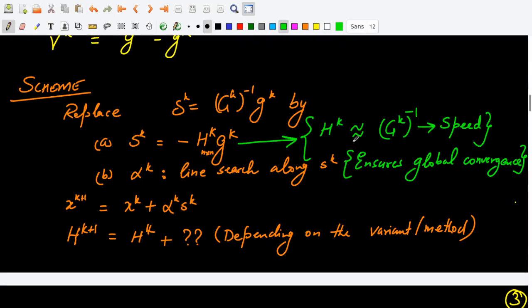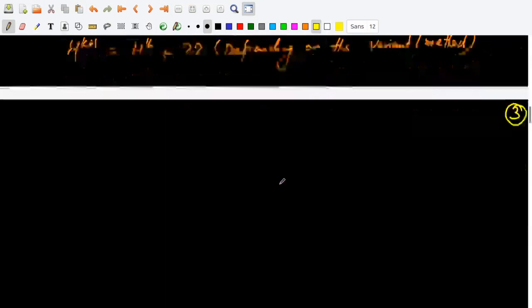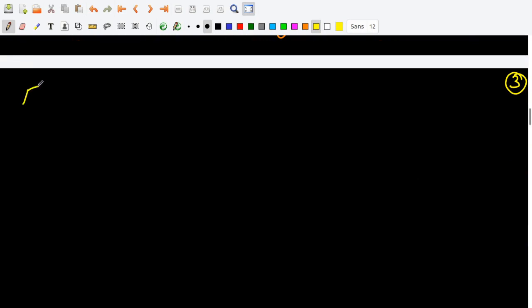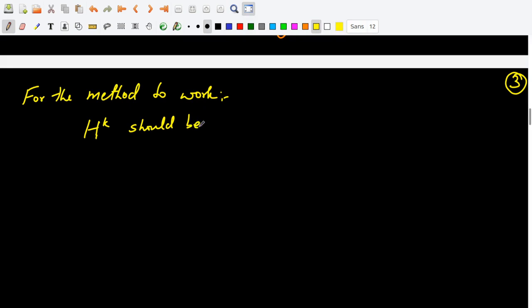So for the method to work, Hk and Hk plus 1 and so on and so forth should be positive definite. Why?